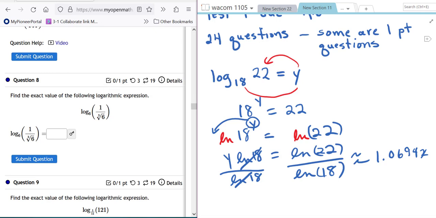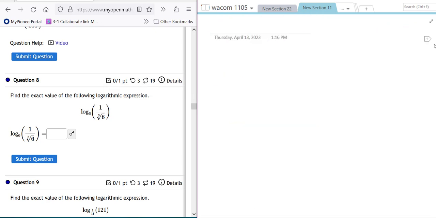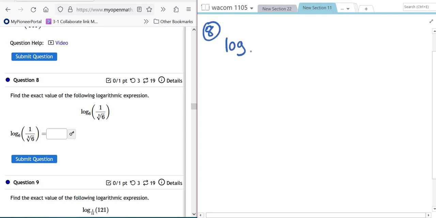All right, so question 8 was the first one that was requested. And this is going to be just changing a form to use one of your properties. Actually, you're just going to change this. So you're trying to get it into your form log base b of b to some power. Right, and you have a couple things going on in this one.